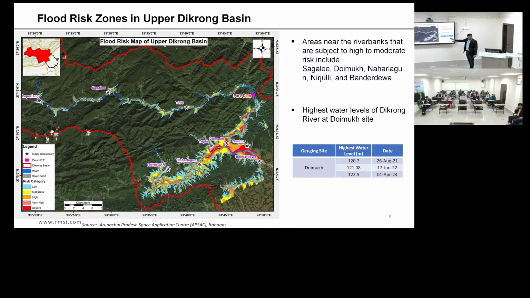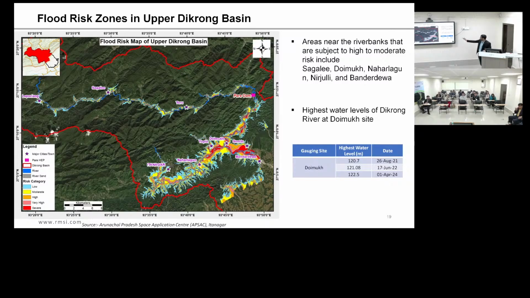The next year it reached 121.08, a new record, and after two years again a new record, 122.5. Very heavy rainfall is occurring in the region. There are cloudburst events, and in a single day, as we were saying over the last 2 to 3 days, high intensity rainfall is increasing.